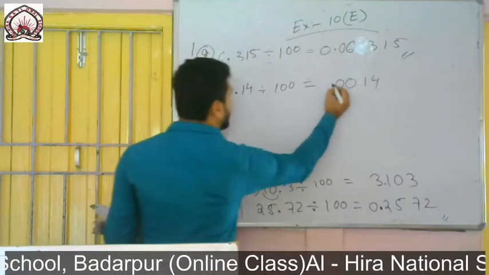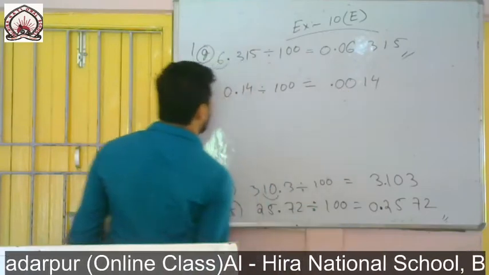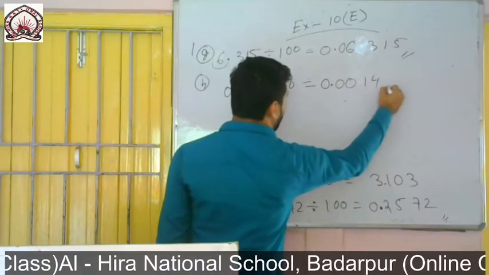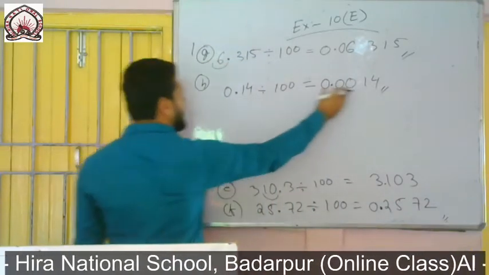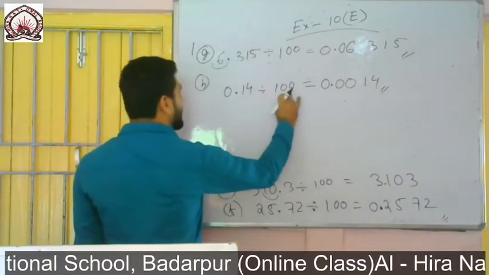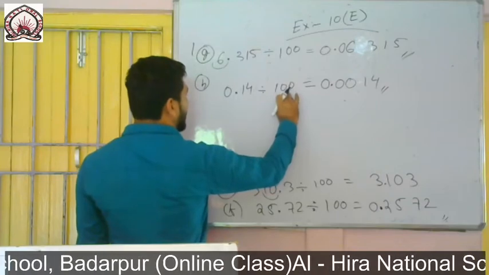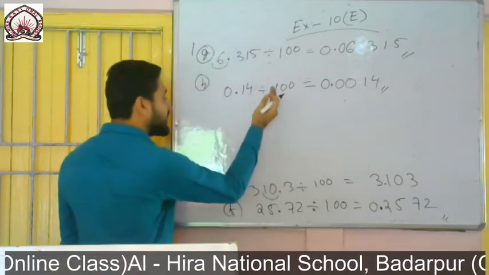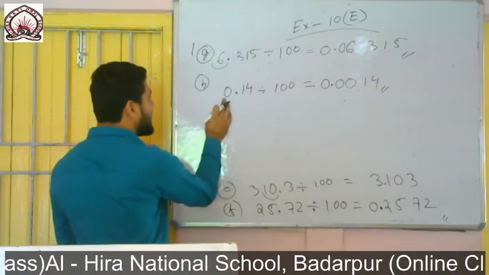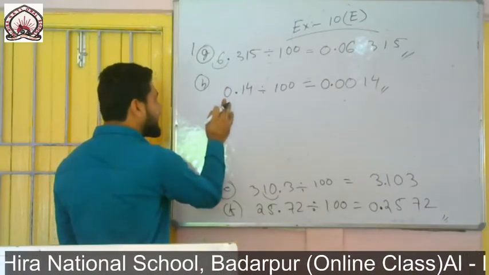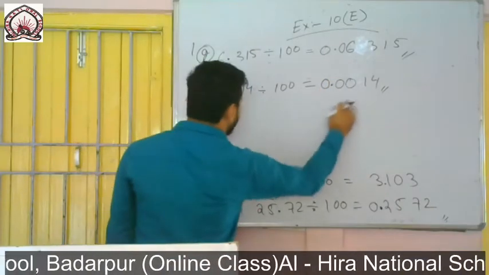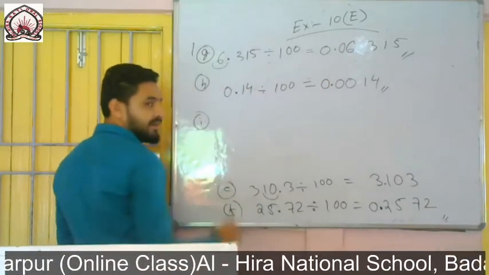After that I put the point here. So that will be the answer. First you write the number, then see how many zeros are there in the divisor. 2 zeros, so you shift the decimal 2 digits left. Here on the left there is 1 digit, so by adding 0 I make it 2 digits. Now come to I.